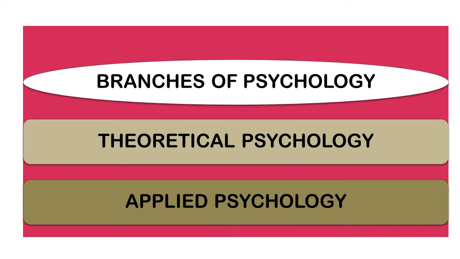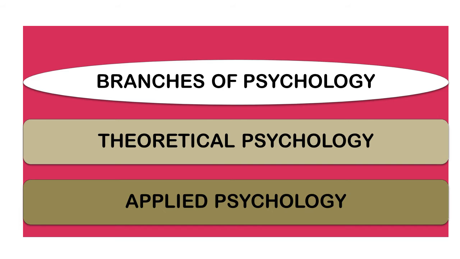Branches of psychology. The scope of any science depends on its uses. Psychology has its uses in studying human and animal behavior, which is classified in two ways, theoretical and applied. So, there are two broad areas of psychology: theoretical branches and applied branches.